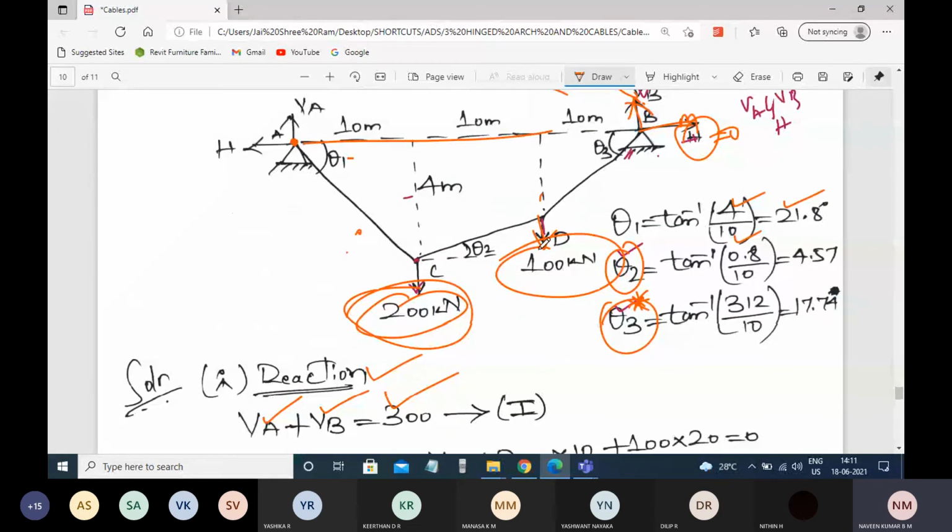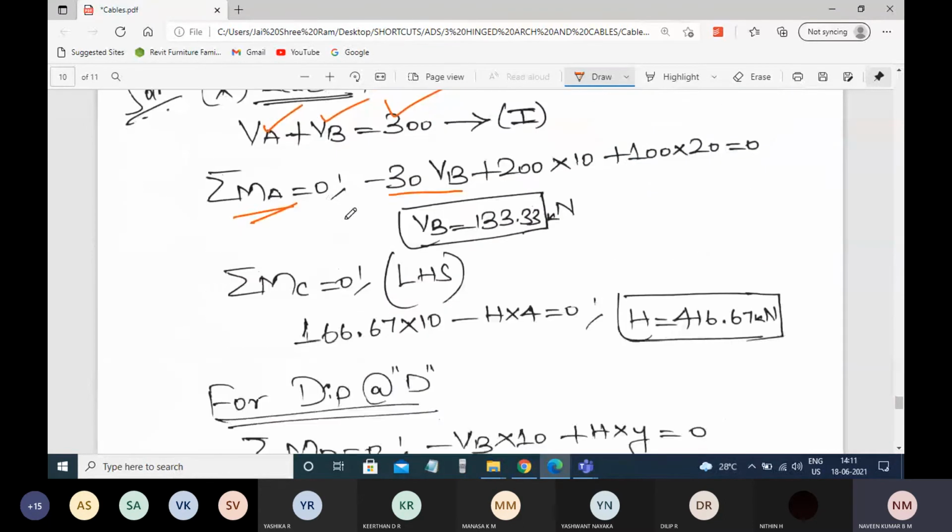And 100 is the vertical force acting vertically downward. To reach A, you require a perpendicular distance of 20 meter. Again you check the rotation of this force towards A. It is clockwise, so positive.